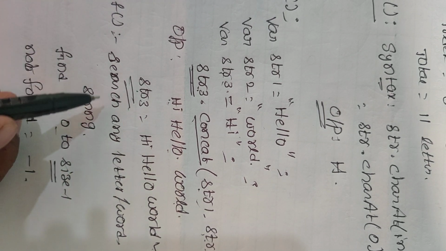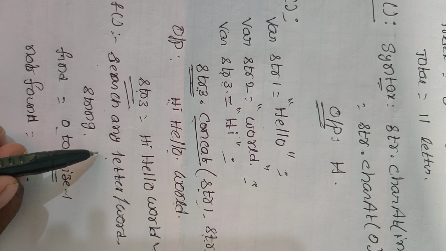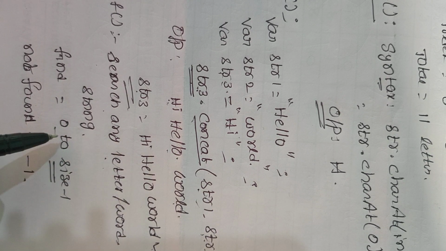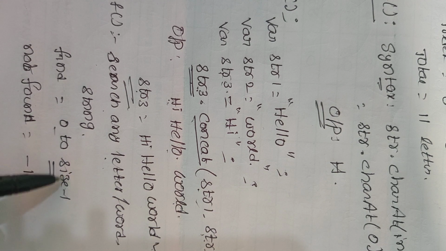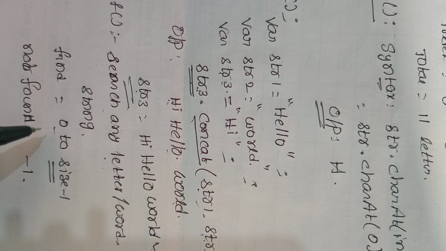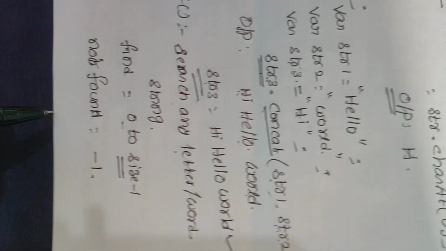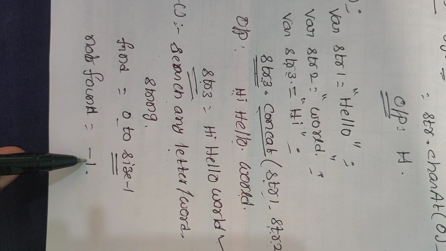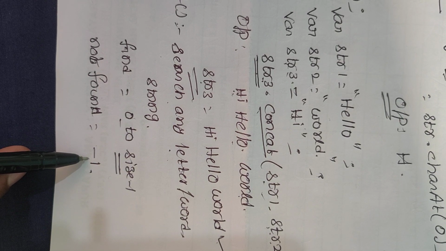That means if our searching letter is in the string object, then it gives an index value from 0 to size minus 1. Otherwise, if the letter or word is not in the string, it gives -1. Let me take one simple example.